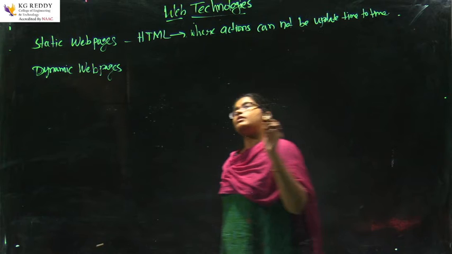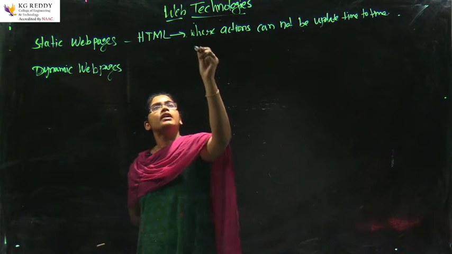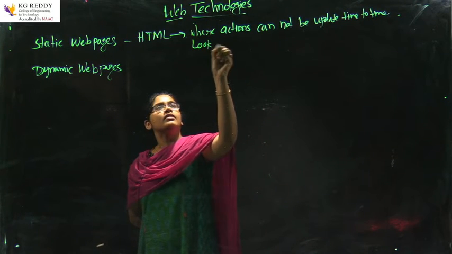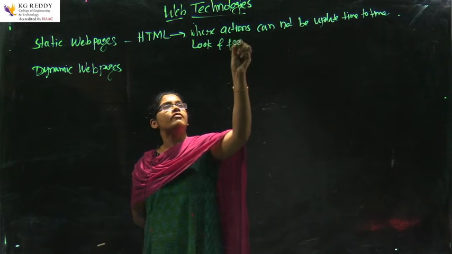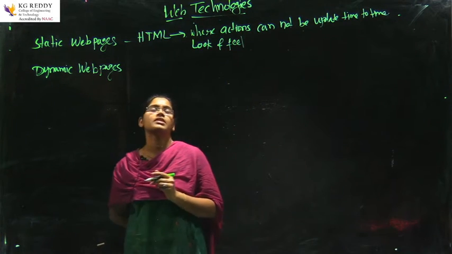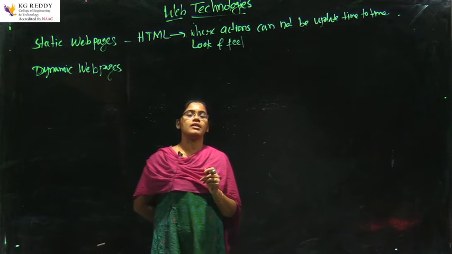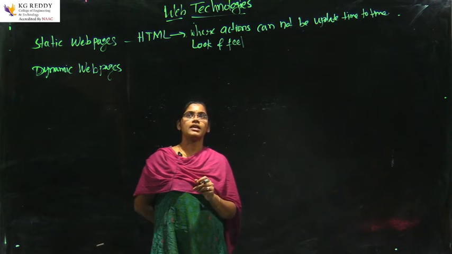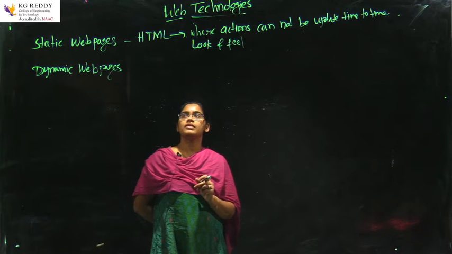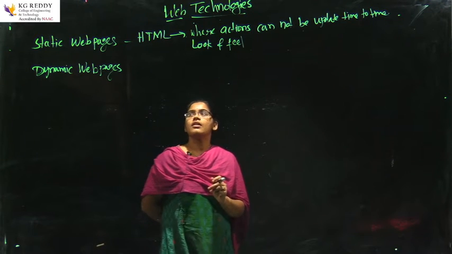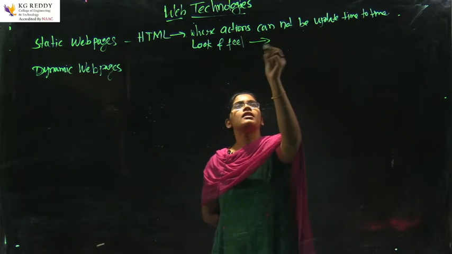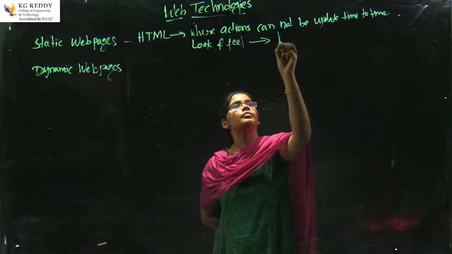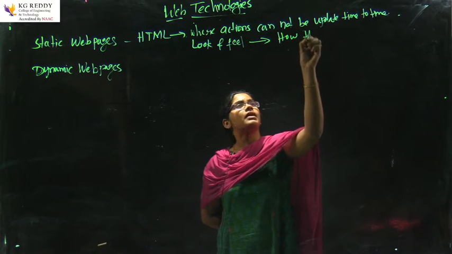To create just the look and feel of web pages, we use static web pages like HTML. So hypertext markup language is one of the static web pages, used to design how the page looks.